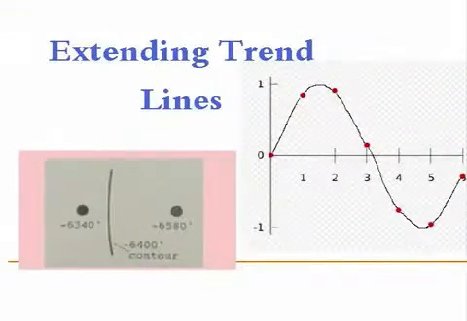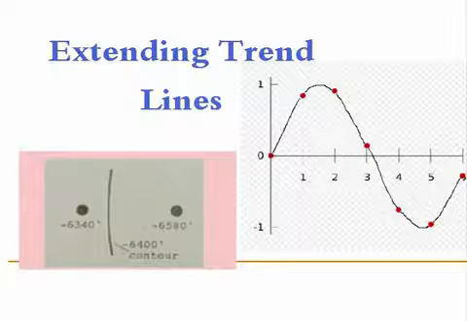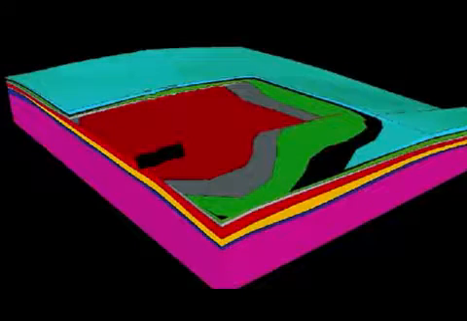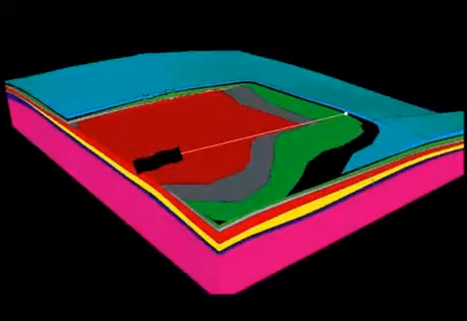Another method is called following or extending trends. Let's look at this illustration. Let's say you have an existing field nearby and theorize that oil formation could run along a straight line. Could other petroleum traps be situated along this line further out? You follow that line hoping to discover other accumulations.